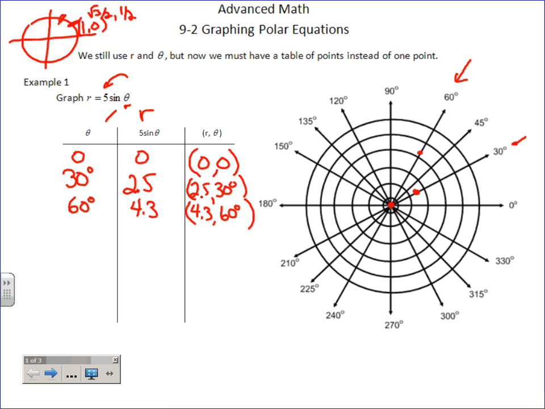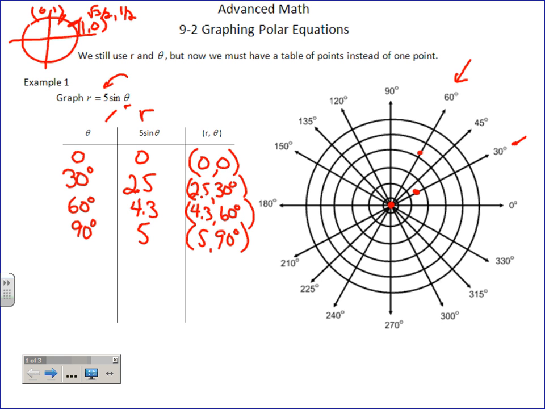I would say keep going up by the same increment. So you put 90 degrees in there. So we're way up on top now. Sine is 1, which you have to take times 5. So you get 5. Any questions where these numbers are coming from? Again, imagine trying to do this without knowing the unit circle.